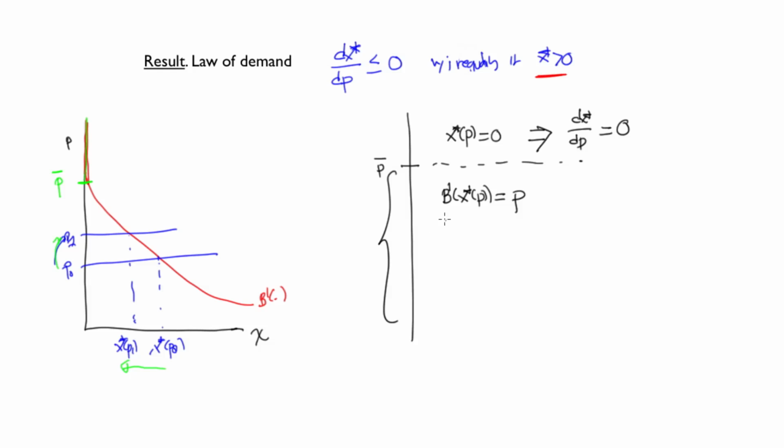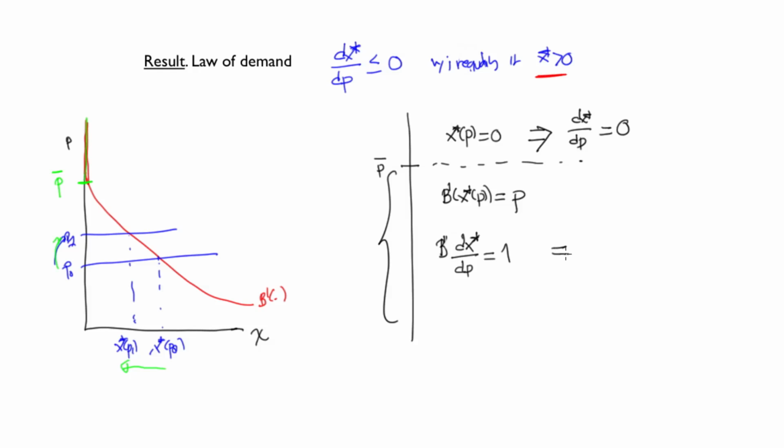Now, let's take the derivative of this equation on both sides. And what do we get? We get B double prime, evaluated, of course, at x star of P, times the derivative by the chain rule of x star with respect to P, equals 1.